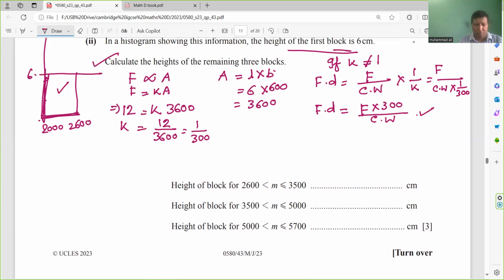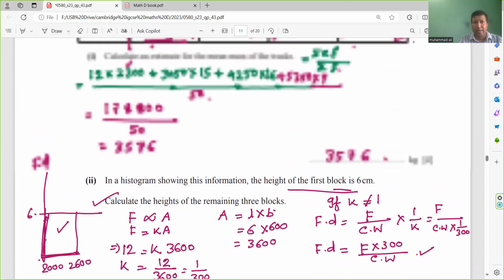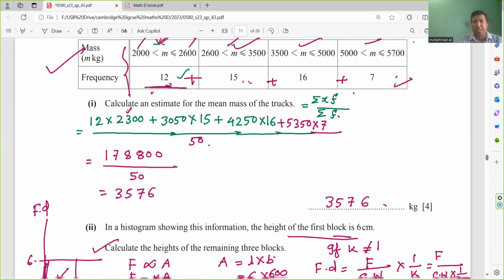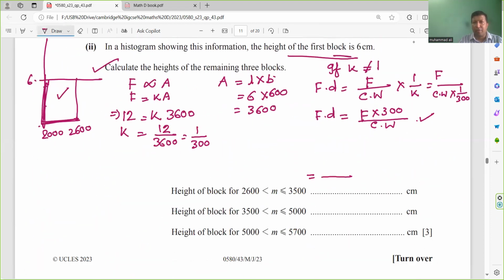The second block frequency is 15. So frequency 15 multiplied by 300, divided by the class width. Subtracting the two limits, the class width is 900. After calculation, you get 5 centimeter. 5 centimeter is the height of the second block.